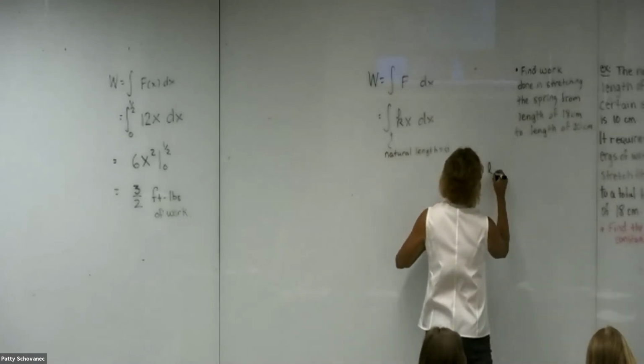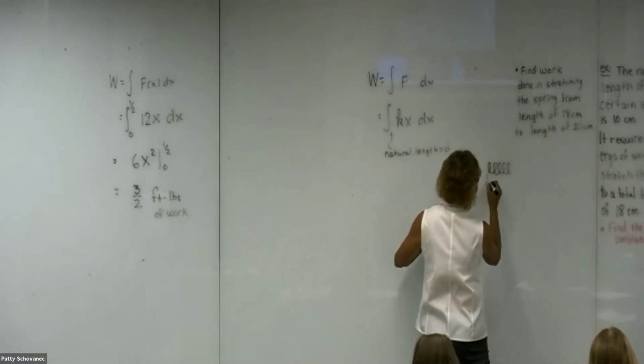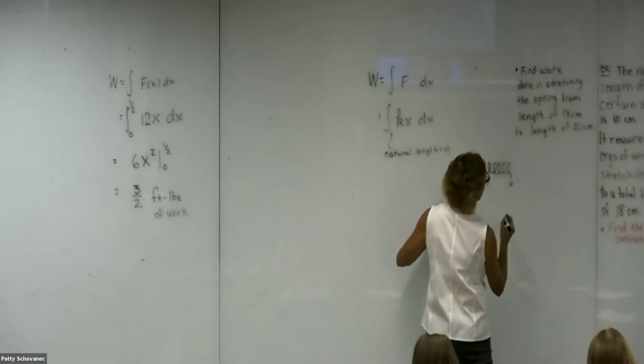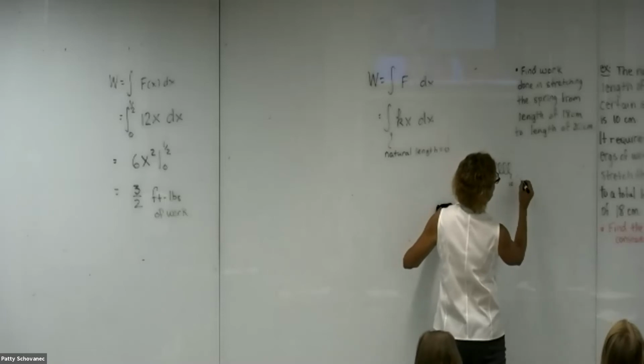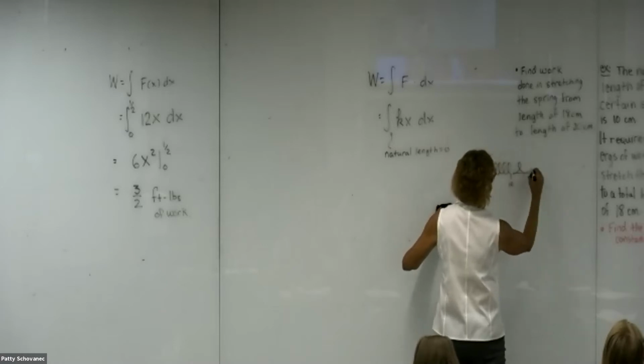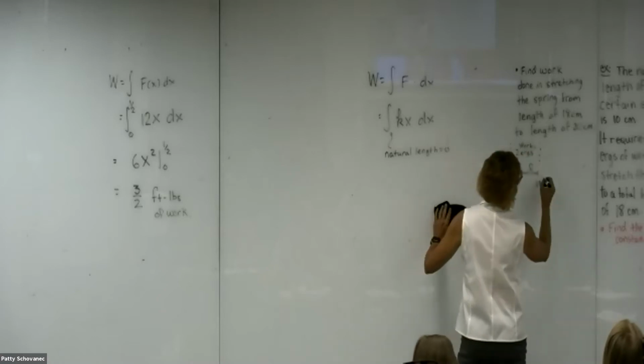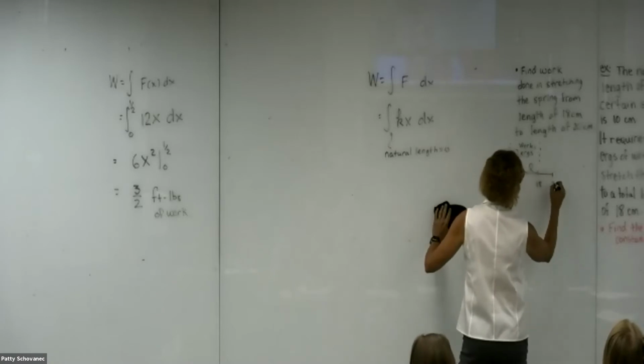The natural length of the spring is 10 centimeters. That's its natural length. Then 2 ergs of work get it to 18 centimeters. Get it from here to here. And then I want to know how much work gets it from here to here.